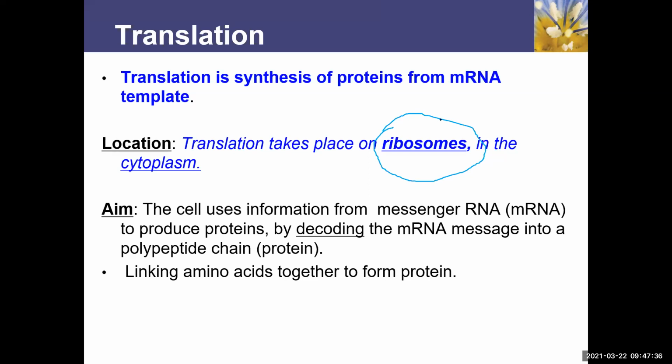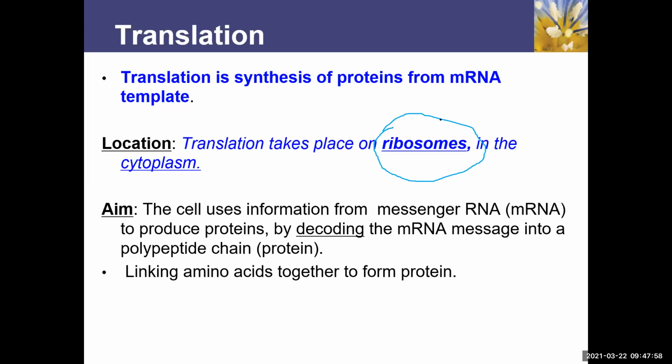You cannot make a cake unless you have the recipe, which is an mRNA. You cannot make a cake unless and until you have a translator, because you cannot read Chinese. Same thing, we cannot make a protein unless and until we have a recipe for protein making that is within the mRNA.